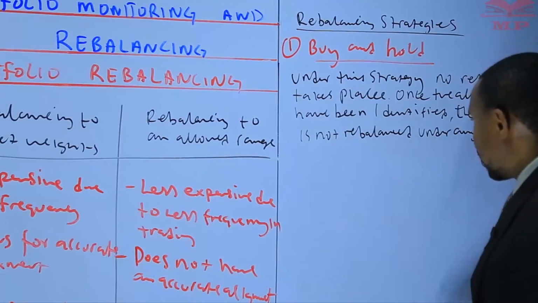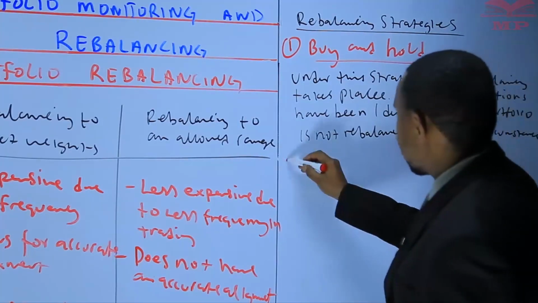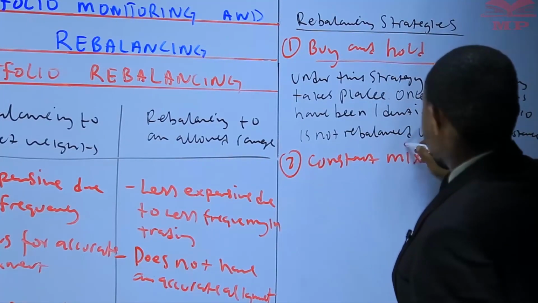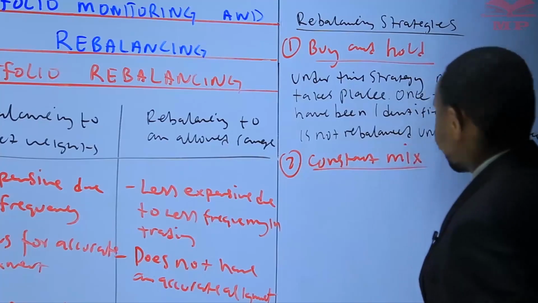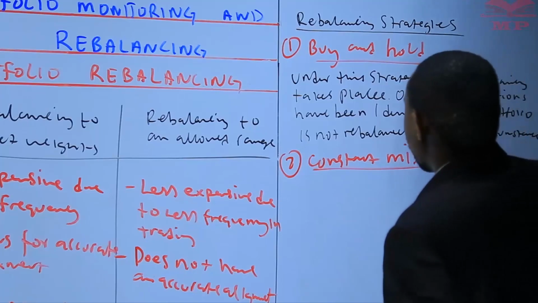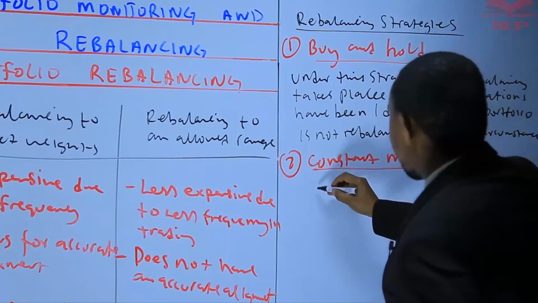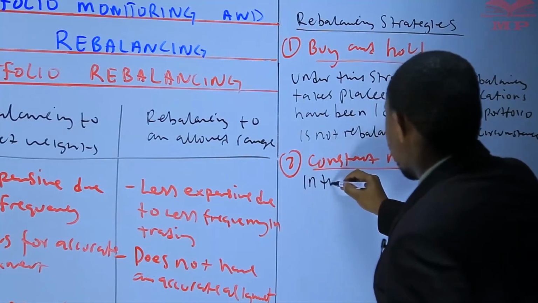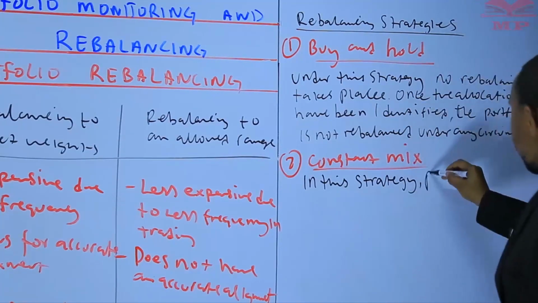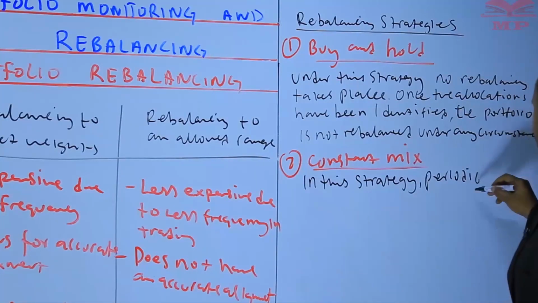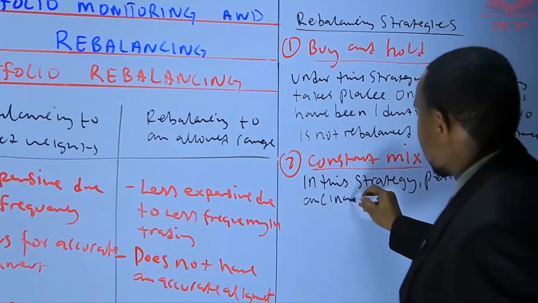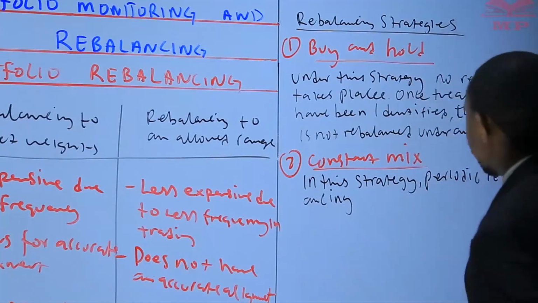The second type of strategy is the constant mix. So what happens under the constant mix? Here, periodic rebalancing is required.